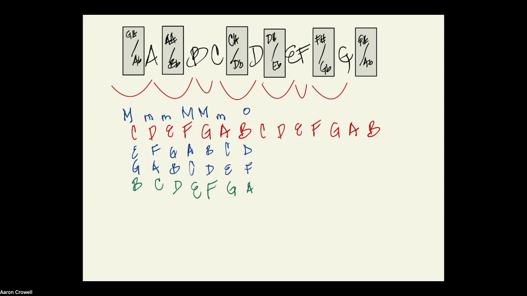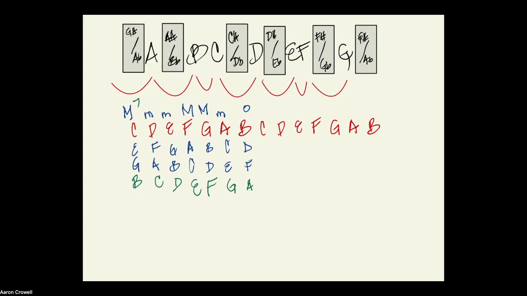Now this becomes C major 7, D minor 7, E minor 7, F major 7. Now the G is no longer a major 7. The G becomes a dominant 7, right? And when we look at dominant 7, we're looking at just 7.